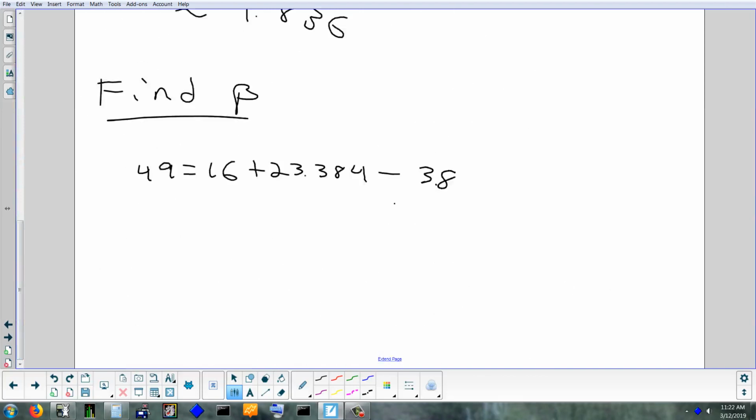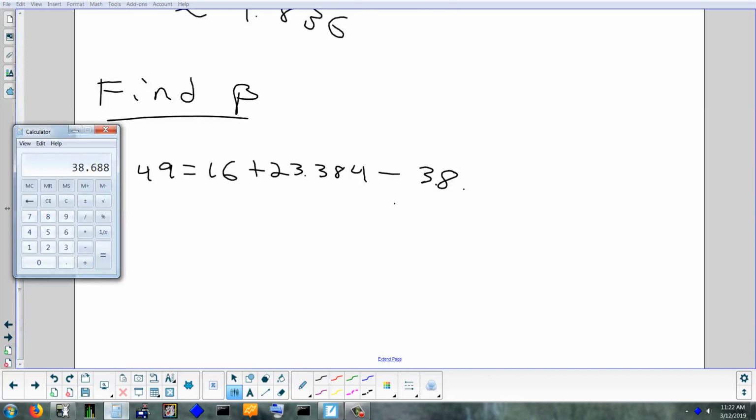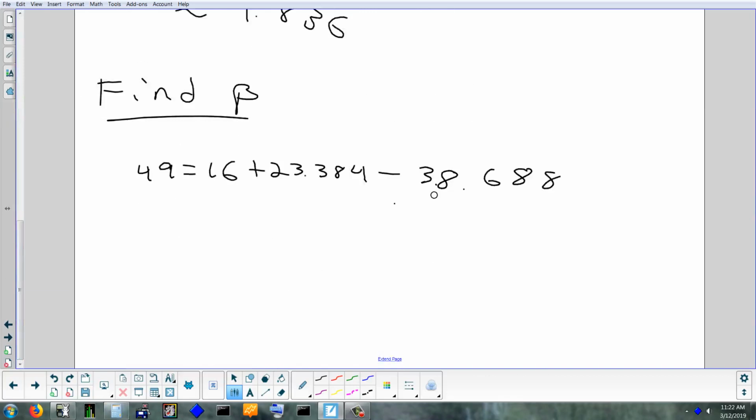So minus 38.688, second decimal. Cosine beta.